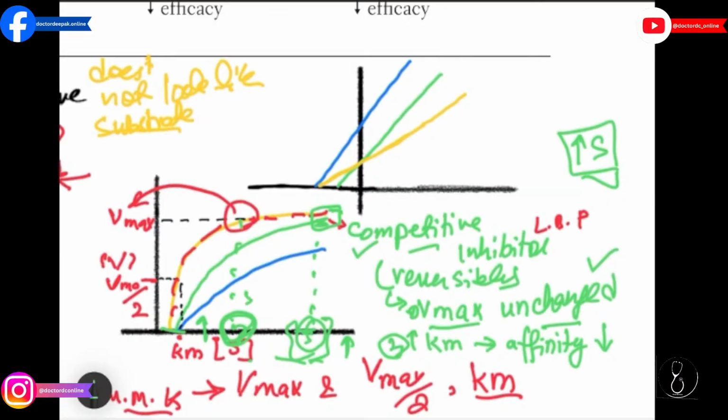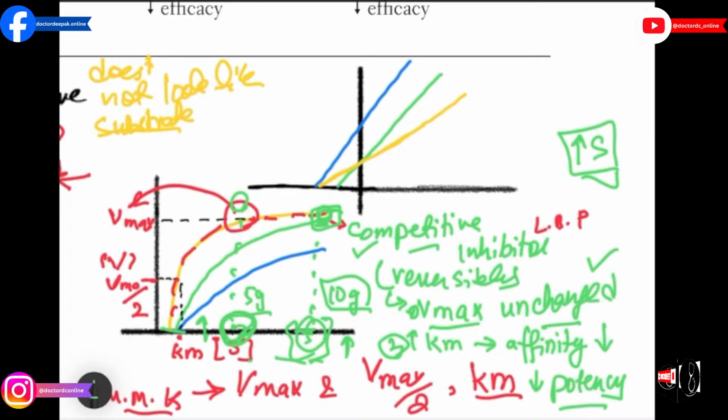Okay? For example, this is 5 grams and this is 10 grams. With 5 grams, you are getting the same effect when there is no inhibitor. But after applying some inhibitors, you are getting the same effect at 10 grams. So basically, the potency will be decreased.